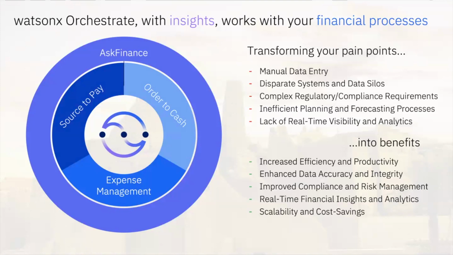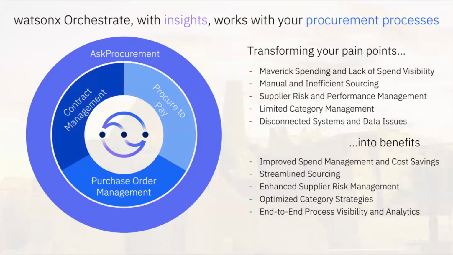Okay. So as I mentioned, watsonx Orchestrate can help the finance team, because, by the way, in the coming 4 slides, as IBM, we are using watsonx Orchestrate internally. We have Ask Finance, so we can ask it about any information that we need related to finance. In the procurement process, the IBM procurement department is using watsonx Orchestrate to inquire about maverick spending, manual and inefficient sourcing, and rating the suppliers.